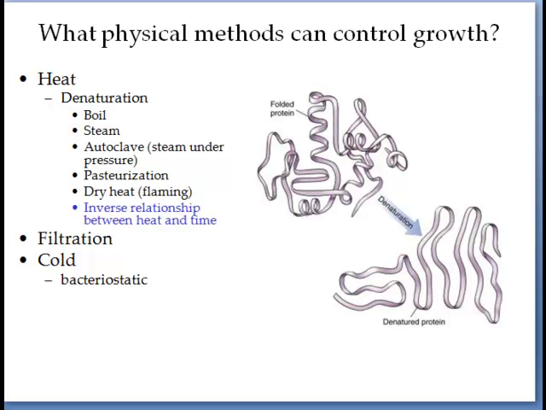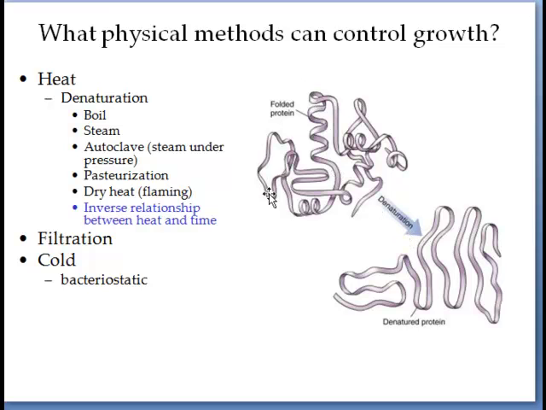The best way to really sterilize food, laboratory media, glassware, or any kind of equipment is with heat. Heat will kill the microorganism by a process called denaturation. Some of you may remember this term, which means that the three-dimensional shape of the proteins is destroyed.